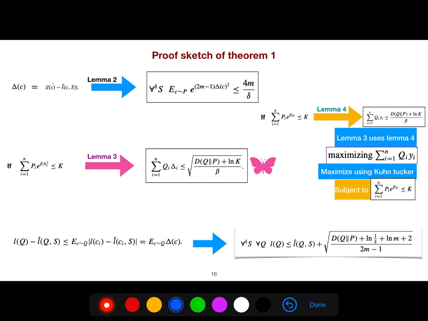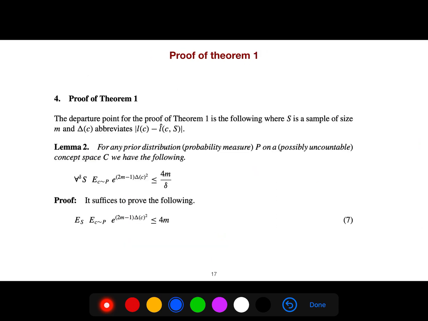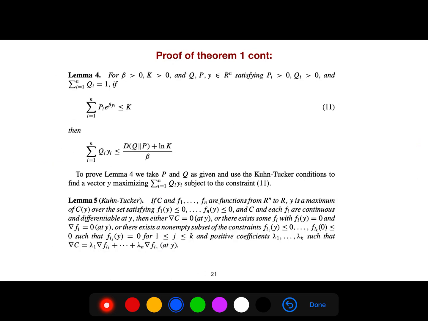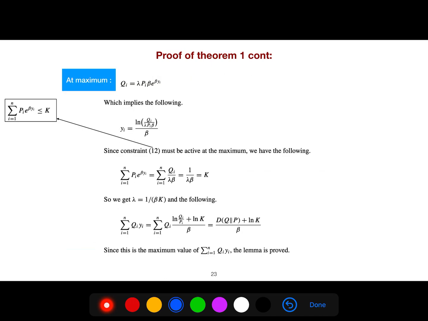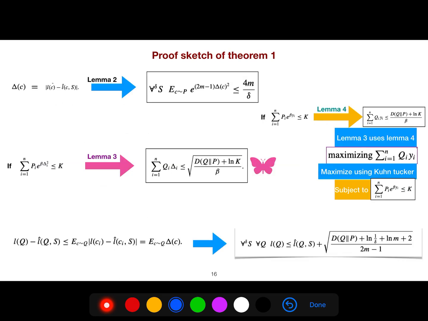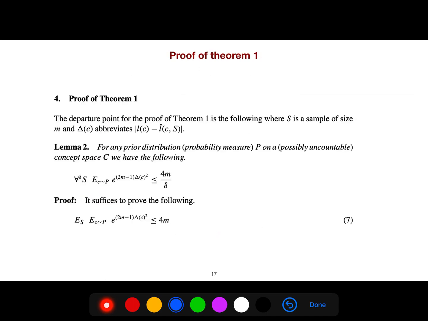The proof sketch of theorem 1: first we use lemma 2. I'm trying to prove the McAllester algorithm, as I promised, in just 4 slides. 1, 2, 3, 4, 5, 6, 7, 8 slides, but roughly it's just 2 slides. We start by lemma 2, we start by this one.